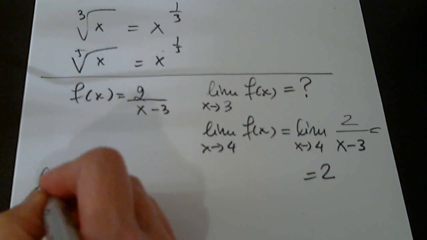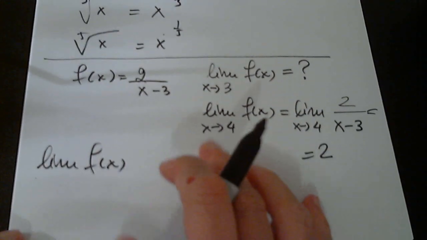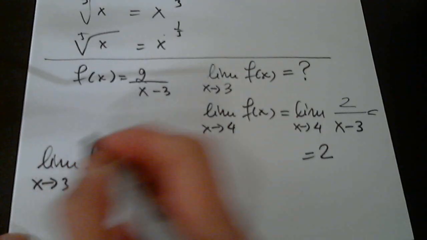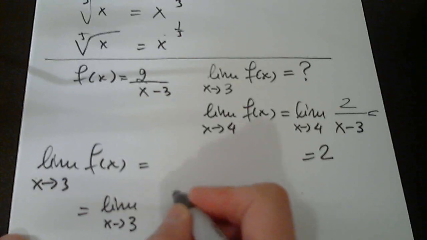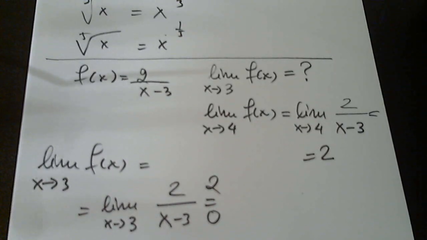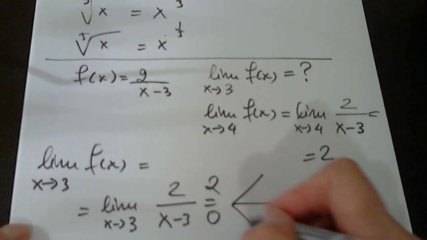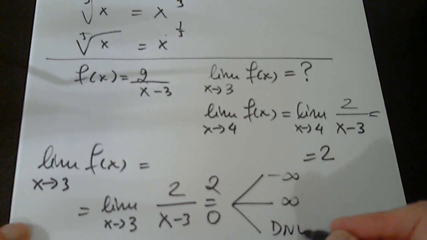Here there is a different situation. When I find the initial assessment, the limit as x approaches 3 of 2 over x minus 3, I have 2 over 0. But 2 over 0 has 3 possibilities: infinity, negative infinity, or DNE.